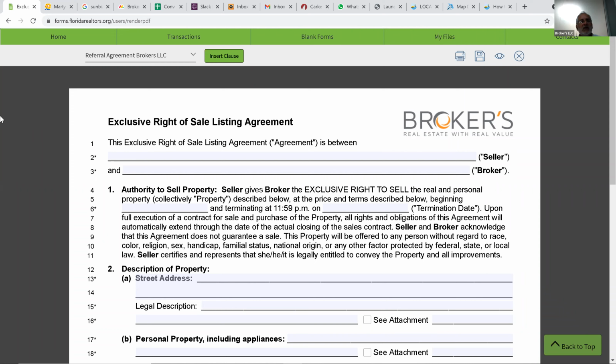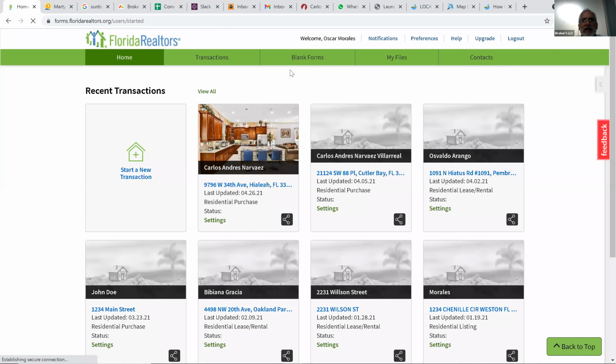Okay. So let's start with the contract. First of all, let me tell you something. Always, when you are going to represent a seller, always use the exclusive right of sale listing agreement as a transaction broker.